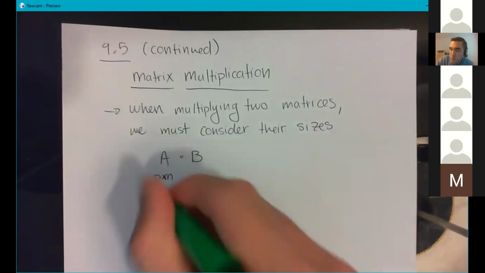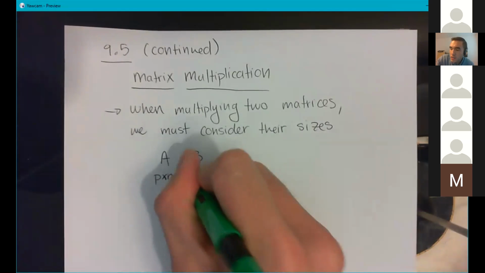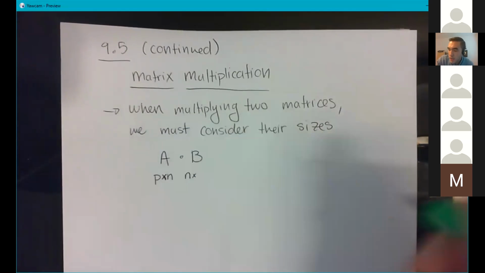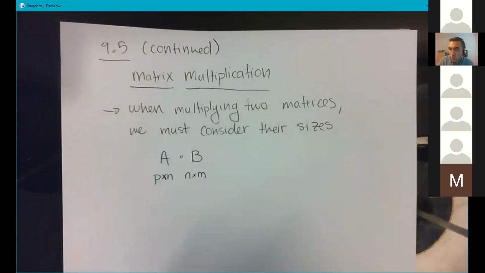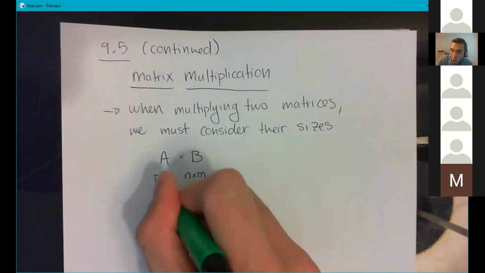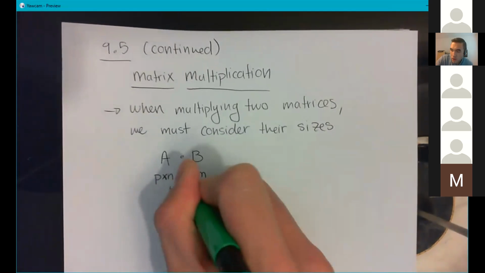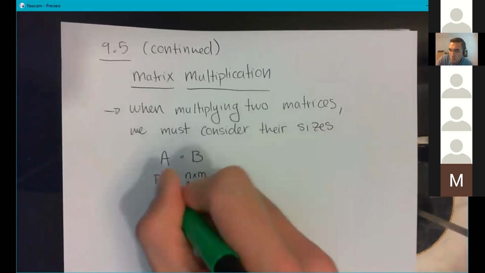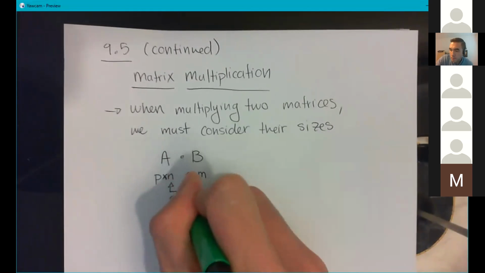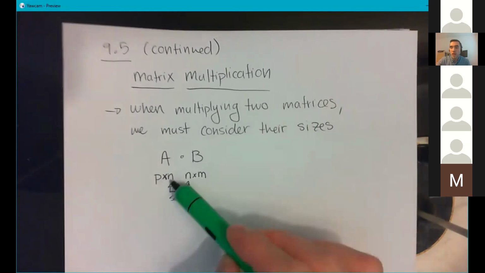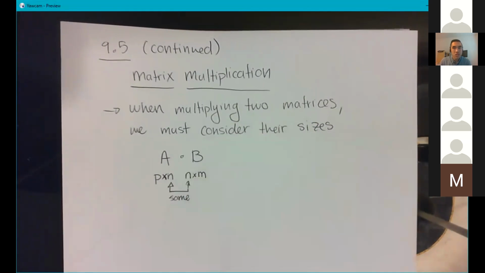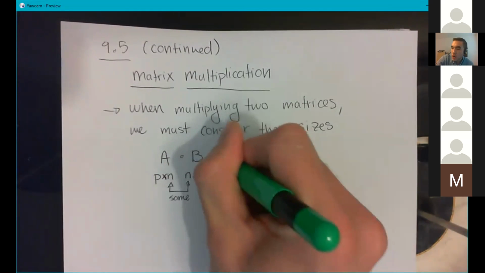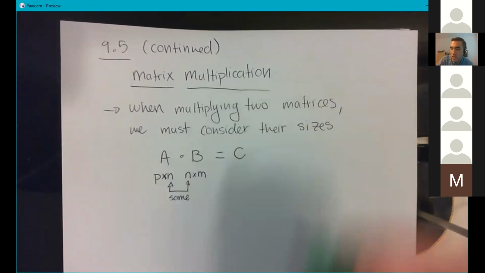And matrix B is size N by M. In this case, I know that matrix multiplication is going to be possible. Here's why. We need these dimensions right here to be exactly the same. These must be exactly the same. As long as the columns of A is equal in size to the rows of B, then matrix multiplication is going to be possible. And the product would be some new matrix C.